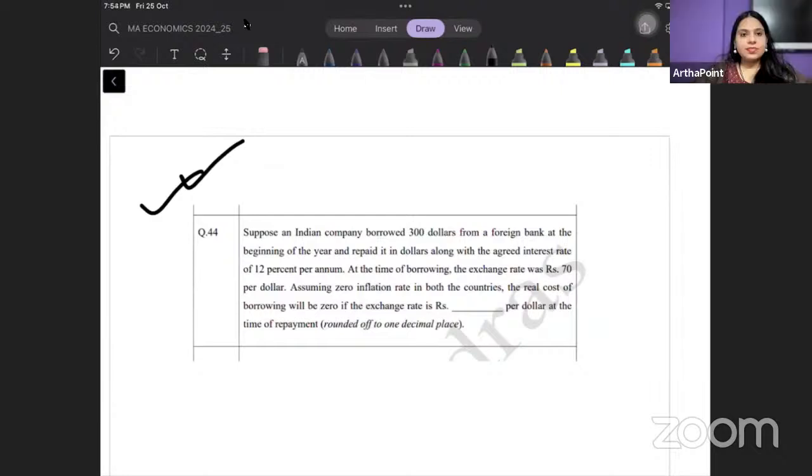Okay, not so much time, huh? You cannot take so much time to solve this question. This is very simple. Anyone?